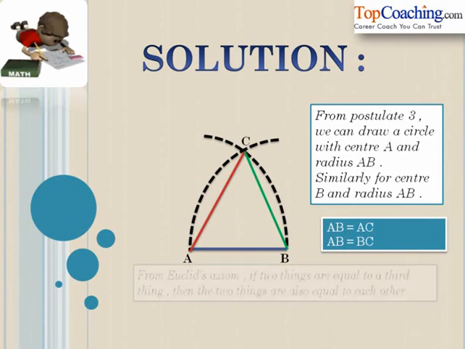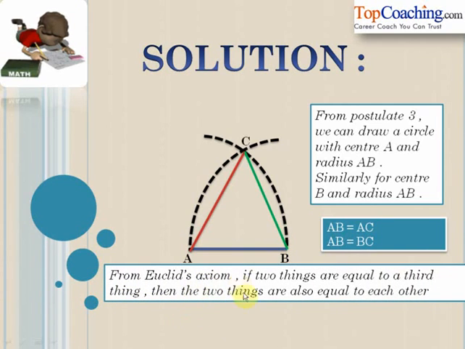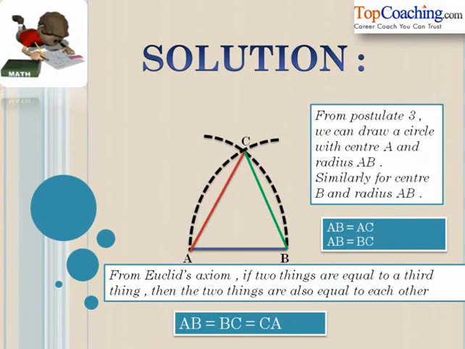Now also we know that from Euclid's axiom, if two things are equal to a third thing, then the two things are also equal to one another, and thus we can say that AB is equal to BC equal to CA.